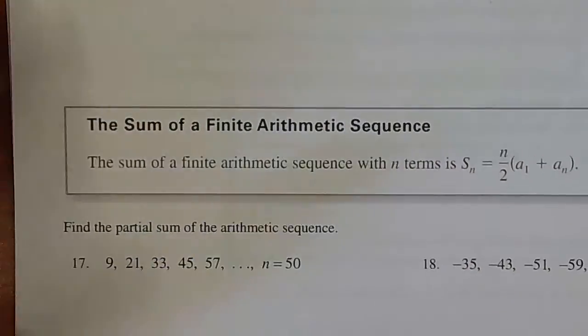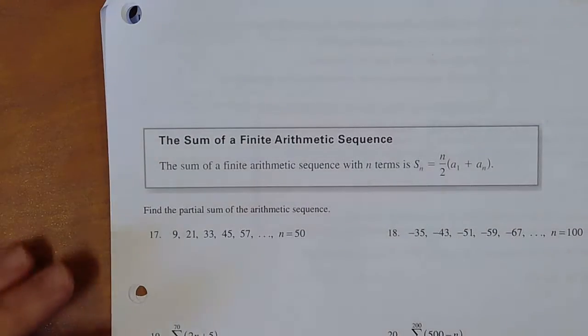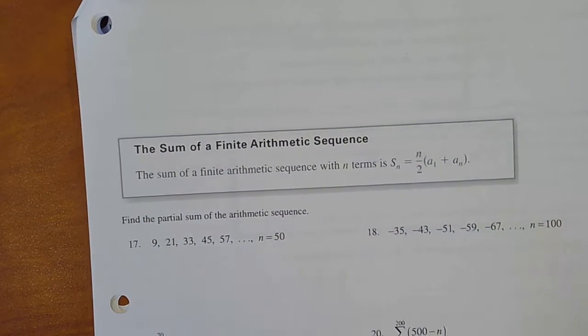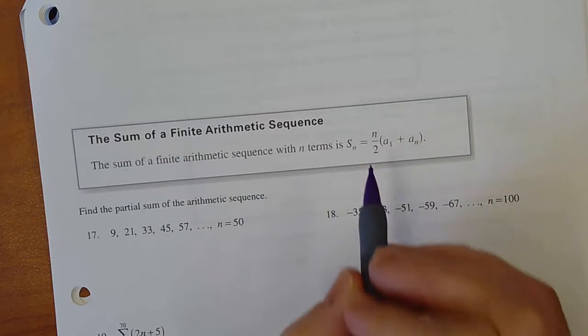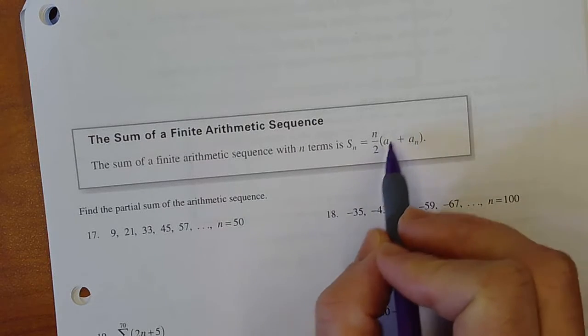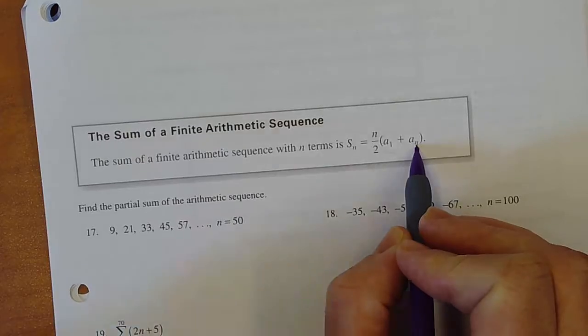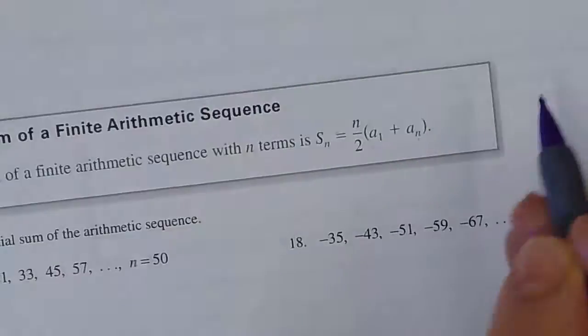All right, so here's our formula for the sum of a finite arithmetic sequence. Finite just means it has an end to it. It's not infinite. It's a set number of terms. We need to find the sum of A1, and A sub n will be the last term. You may want to label that.